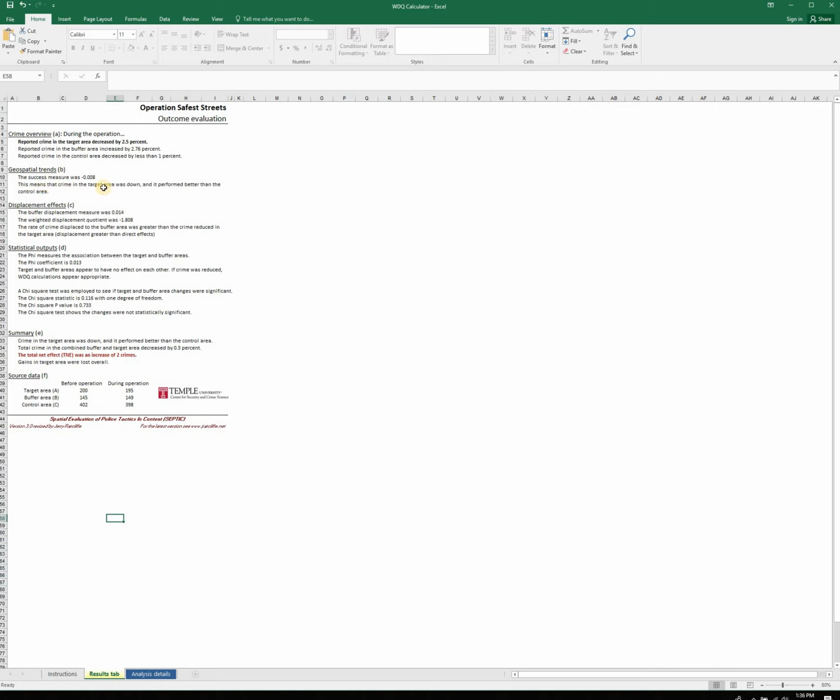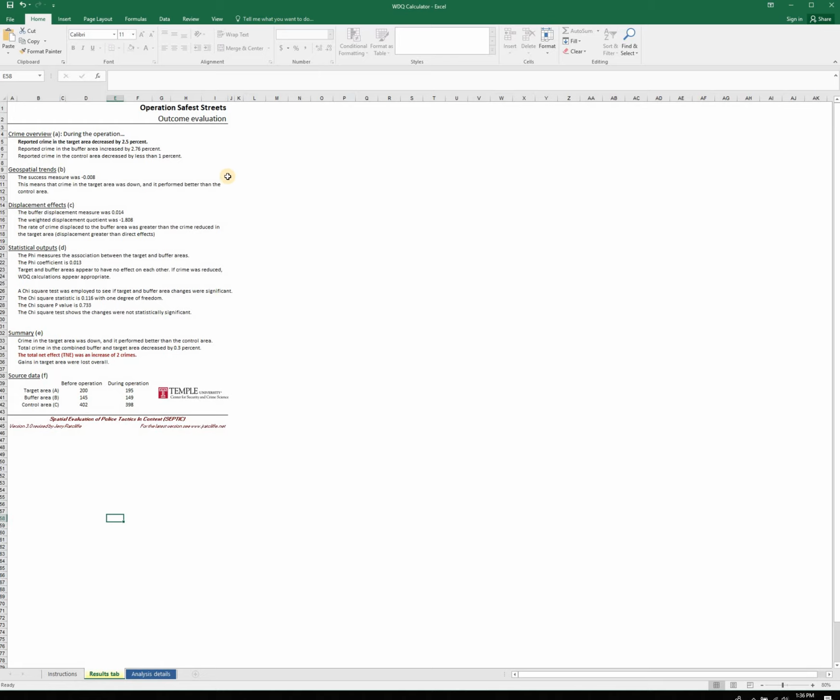Then in part B, we look at the geospatial trends, and here we're looking at a success measure. Not important right now to understand what that success measure means, but it's negative 0.008. Because this is negative, what we could say is that crime in the target area was down and it performed better than the control area.